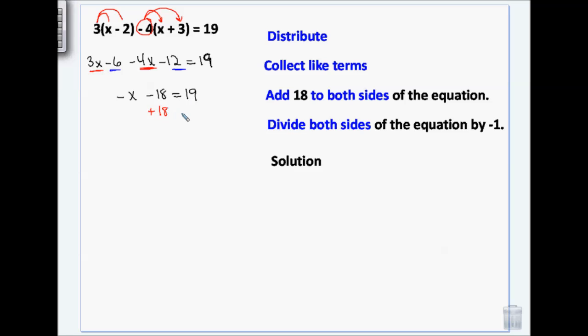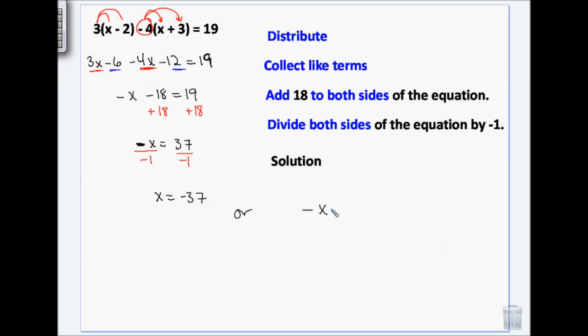I've done the distribution and the collecting of like terms, so then I do addition or subtraction. I'm going to add 18 to both sides, and I get negative x is equal to 37. I don't want to know what negative x is, I want to know what x is. There are 2 ways to do this. I can divide both sides by negative 1, which will give me negative 37.